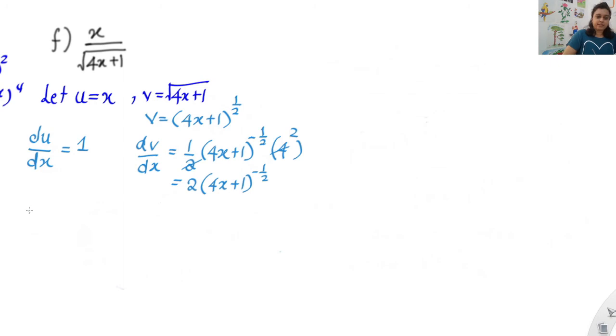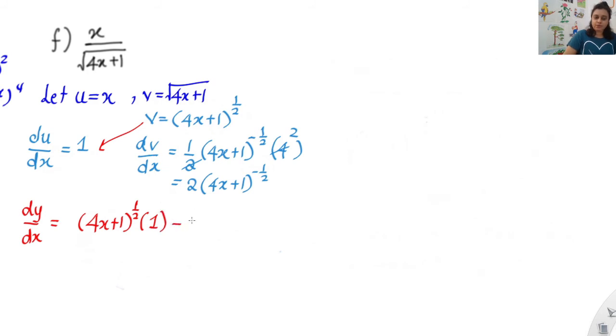Now we can fill in dy dx. Start by writing what v is first: (4x plus 1) to the power of 1 over 2, times du dx, which is times 1.